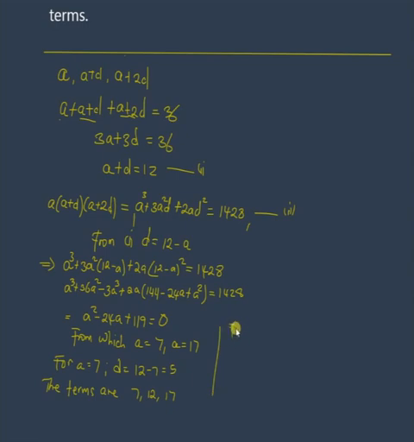Then for A equal to 17, D is equal to negative 5, because that is 12 minus 17.